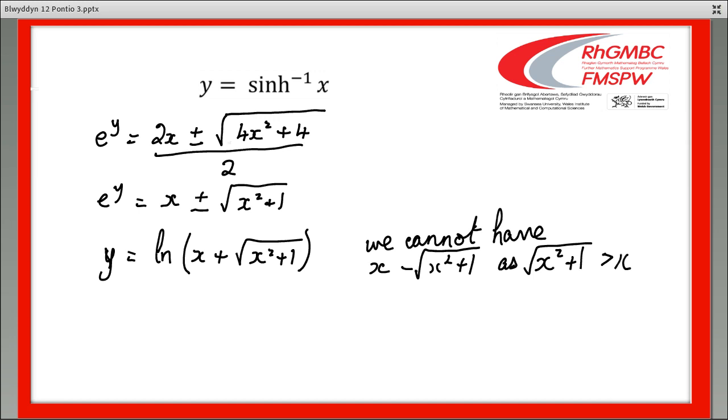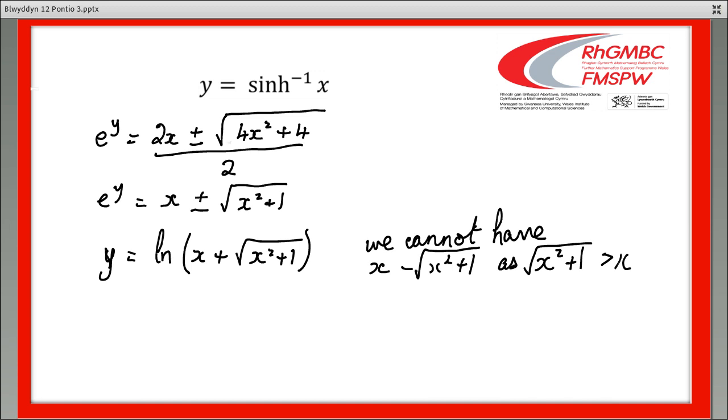And if we take a big number from a small number, we end up with a negative number. Think back to what a log curve looks like. You cannot take the log of a negative number. So that's why we don't have the minus part. That's why it looks as if I've just said, I can't be bothered to write it down. It isn't that I can't be bothered. I've thought it through and I've applied logic and knowledge that I've gained previously. What does a log graph look like? I cannot take the log of a negative number, so therefore I can't have that as part of my solution.